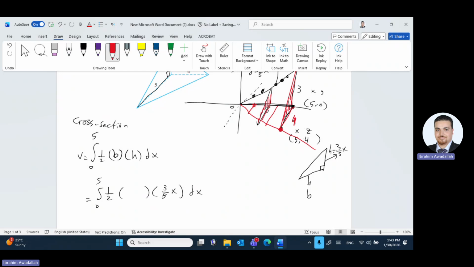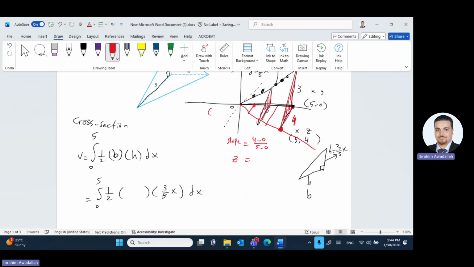So this point will be for x 5 and for z 4. That means 5 and 4. This again is 0 and 0. So slope equals 4 minus 0 divided by 5 minus 0. And this equation, by the way, it's not x, it's z minus z1, which is 0.